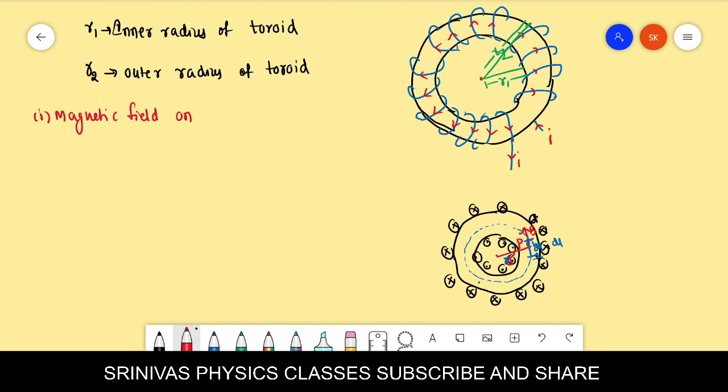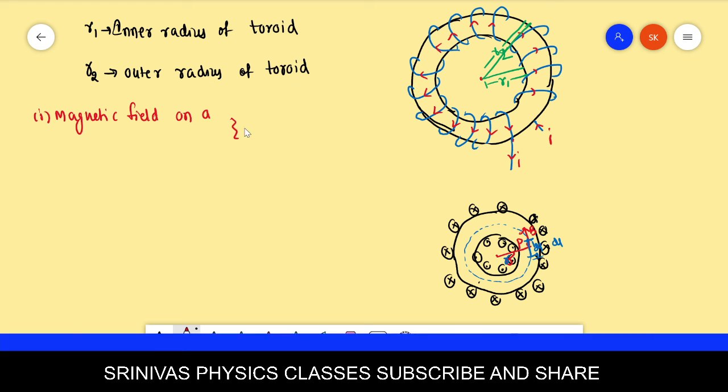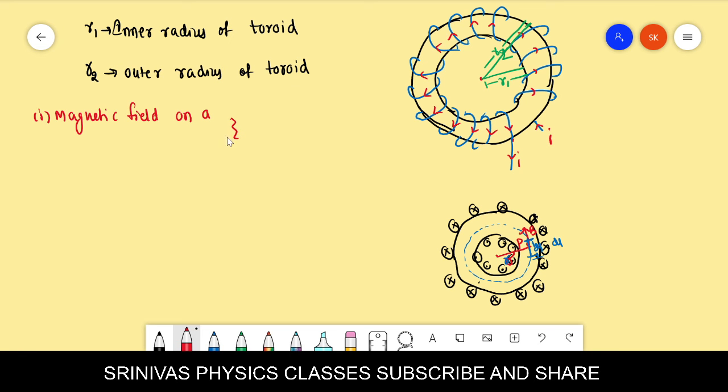For that, what we have to do here, we have to take the axis distance from the center, that is the radius. R is equal to (R1 plus R2) by 2. That is the radius of the loop, right?